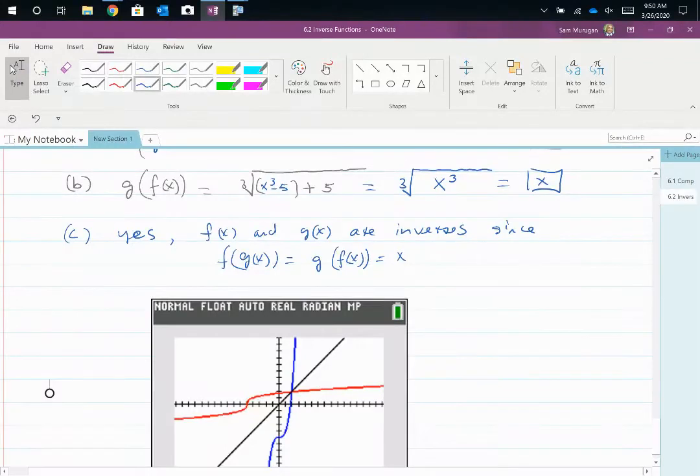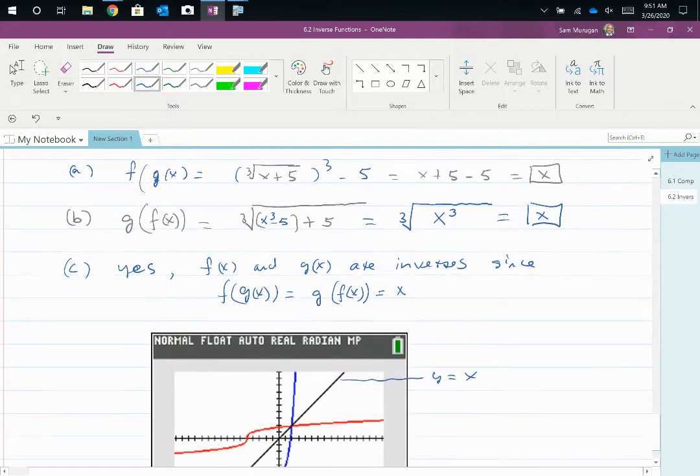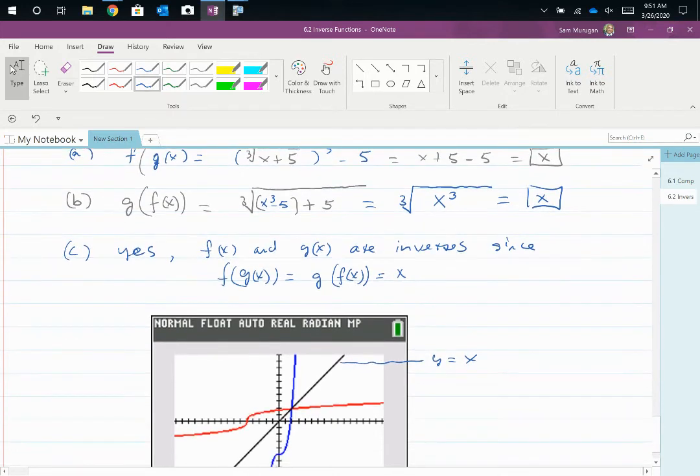So here we have the graph of y is equal to x, and then next we have the cube root function shifted 5 places to the left, and the cube function shifted 5 places down.